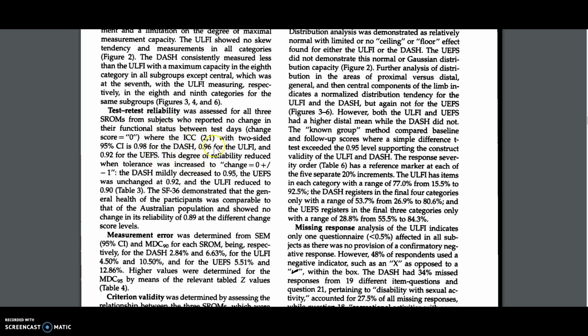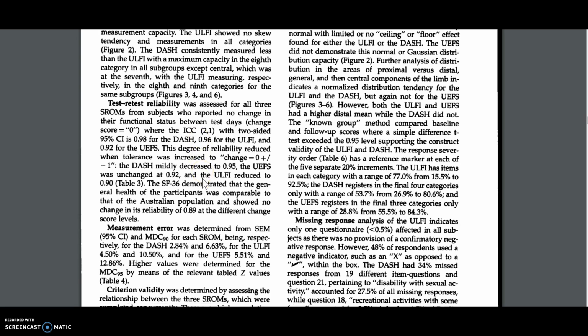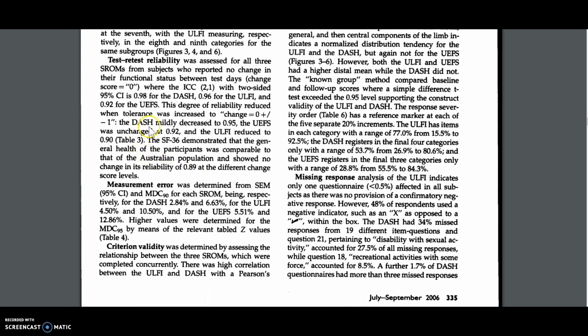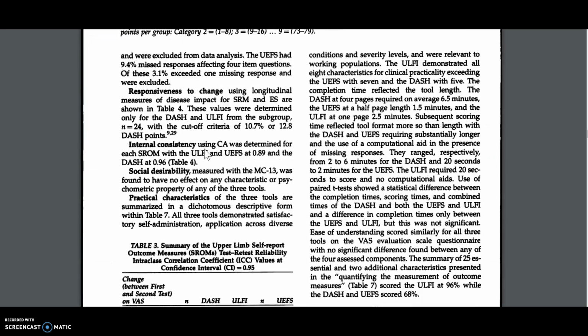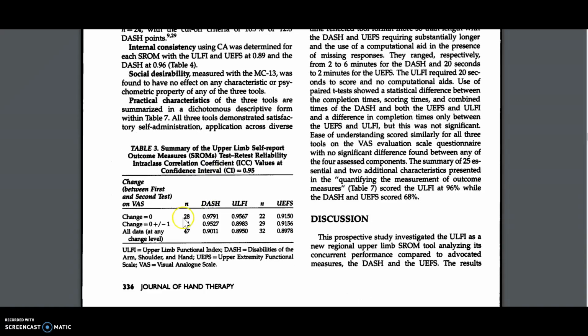That's a good thing. Those scores are high. Now that is shown in table 3. So for every time generally that they're providing you with the word by word explanation, they're going to give you a chart or a graph or a table. So let's go down to table 3.